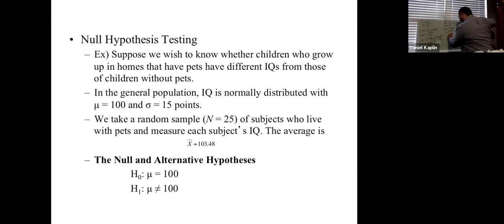And then we say 15 divided by the square root of 25. Okay. So let's calculate this, carry it across. We get 3.48 divided by 15 over the square root of 25, right? So 15 divided by 5 gives me 3. So 3.48 divided by 3 gives me a z-score of 1.16.